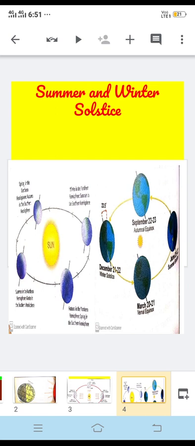So it is summer in the southern hemisphere with longer days and shorter nights. The reverse happens in the northern hemisphere. This position of the earth is called the winter solstice.